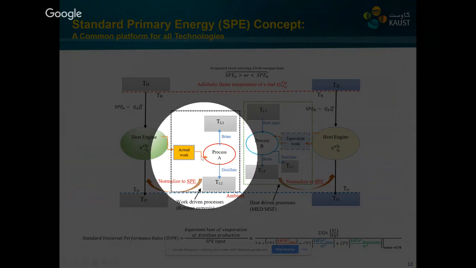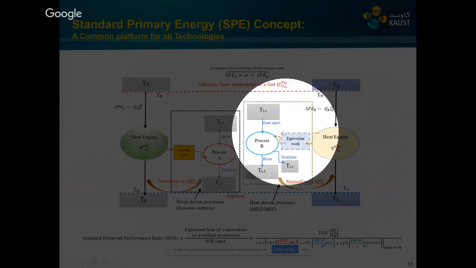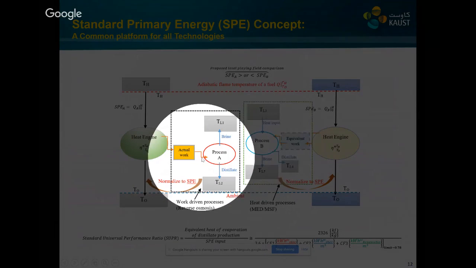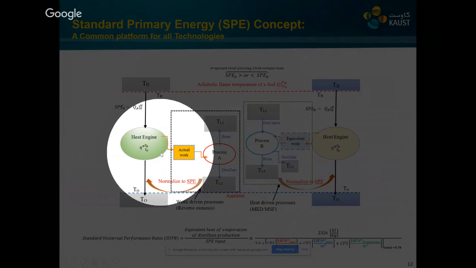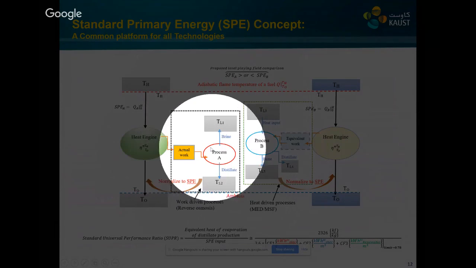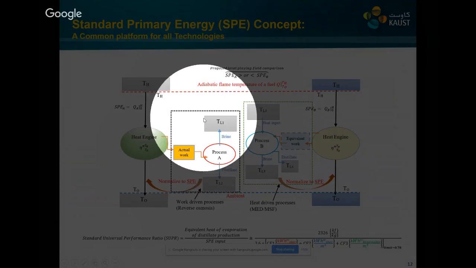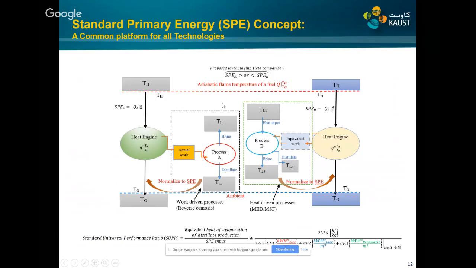So let's say we showed over here two processes, and we converted them into heat engine work, and then we find out what equivalent energy is consumed if we compare at the adiabatic flame temperature.